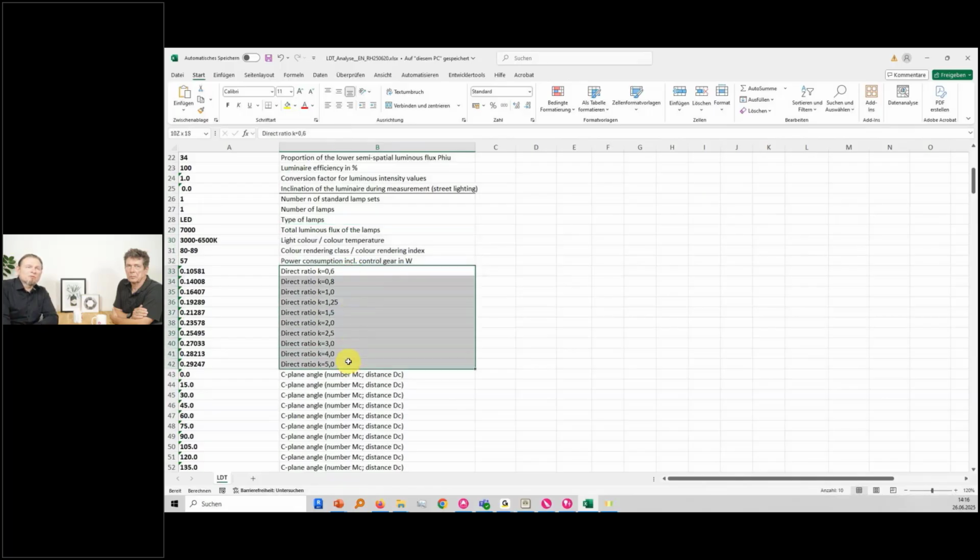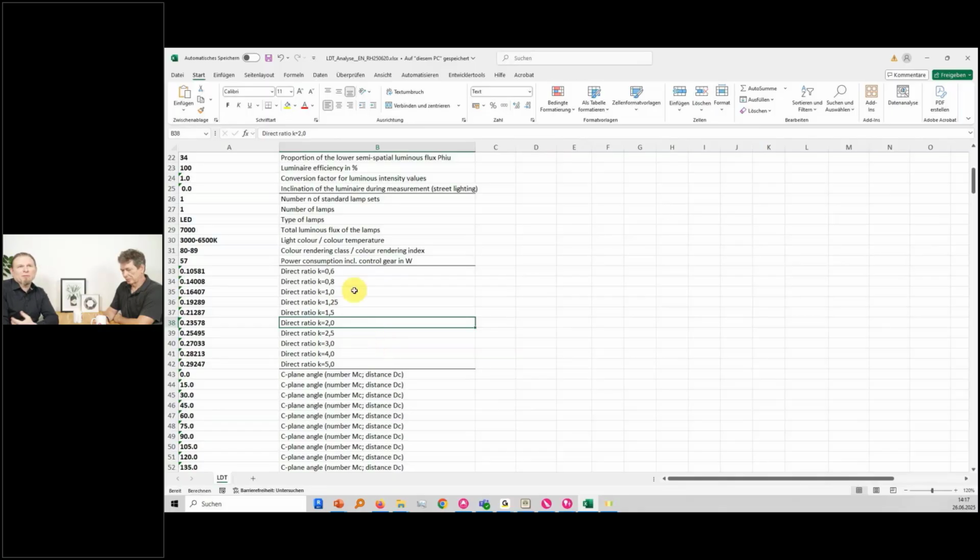Here we have a part which is really old school, from the times of light output ratio manual calculations. Here you can see the direct ratios, so how much light and efficiency goes to the usage area of the room. And here we have different K values. K is a factor for, let's say, the geometry of the room, so how well the room is shaped for lights.